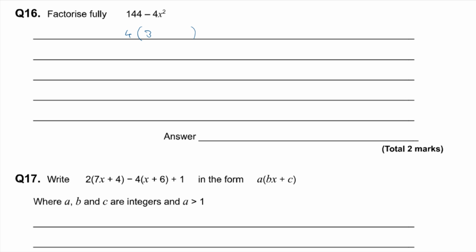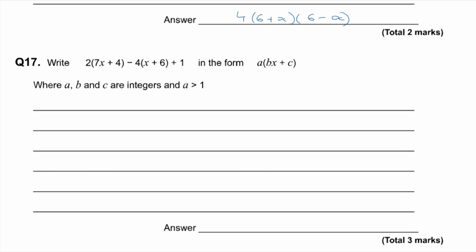So it's going to be 36 minus x squared. Well, luckily 36 is a square number, so square rooting 36 is going to give me 6. So 6 plus x, 6 minus x is the solution to that one. So 4 lots of (6 + x)(6 - x).